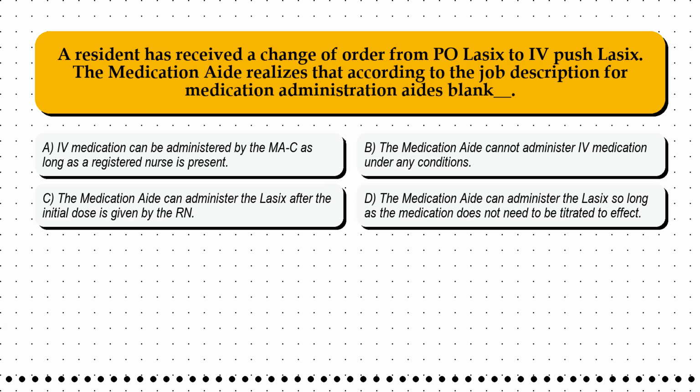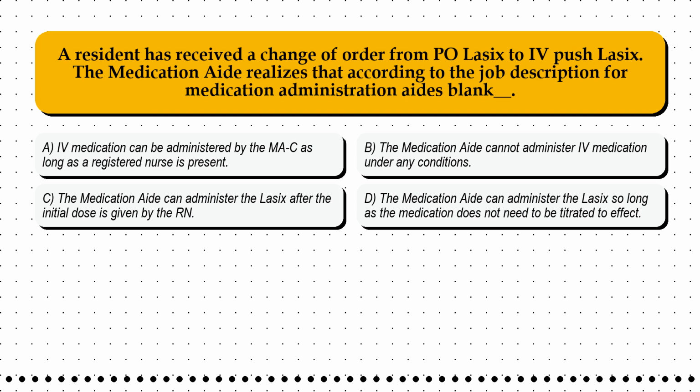Question 301. A resident has received a change of order from Lasix to 4-push Lasix. The medication aide realizes that according to the job description for medication administration aides blank blank. Option A, 4 medication can be administered by the MACE as long as a registered nurse is present. Option B, the medication aide cannot administer 4 medication under any conditions.